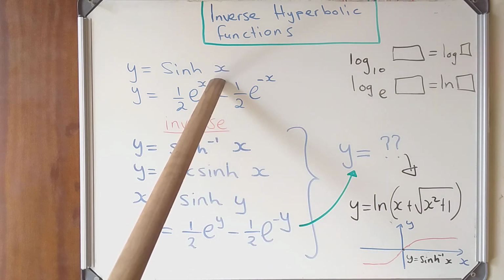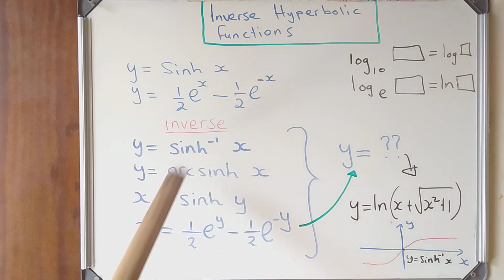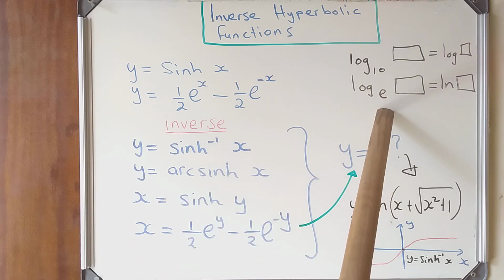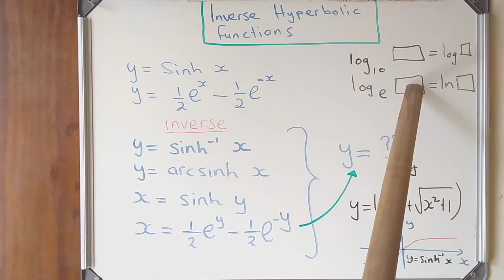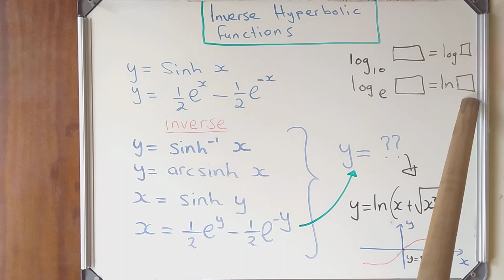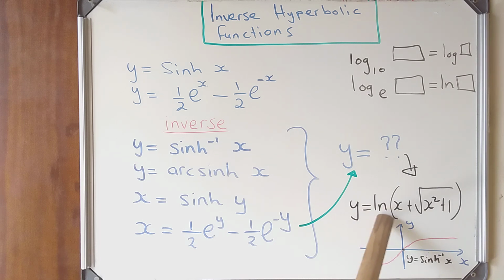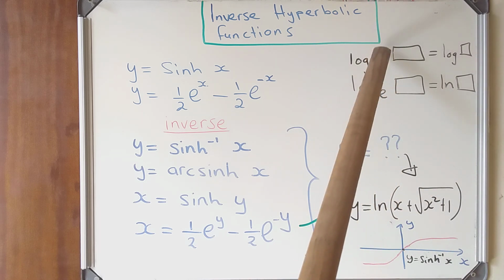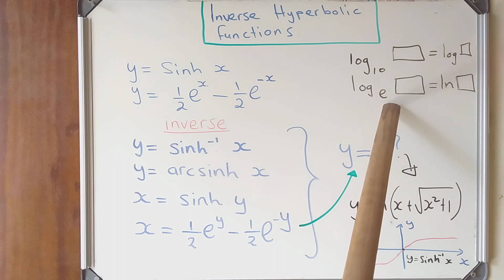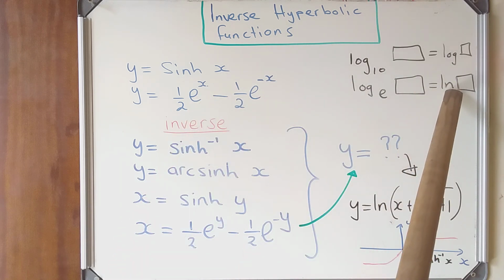Remember, I want to find the value of x, so you must introduce logarithms. What is x? It will be log base e of that number. Because it's base e, it changes to ln of that number. So you must get used to where this ln comes from. All numbers which we use are in base 10, but this one is a special one because it's base e. Therefore it changes to ln.